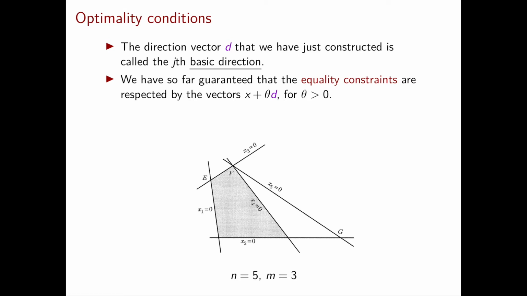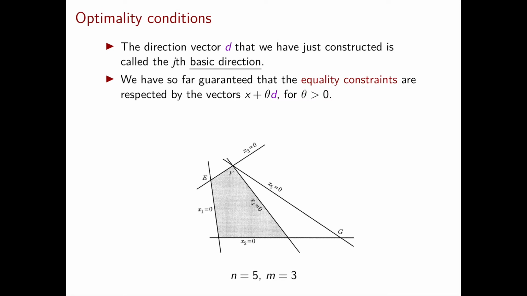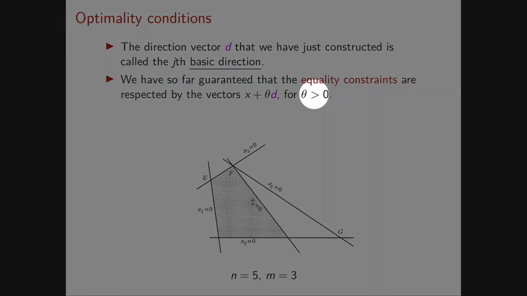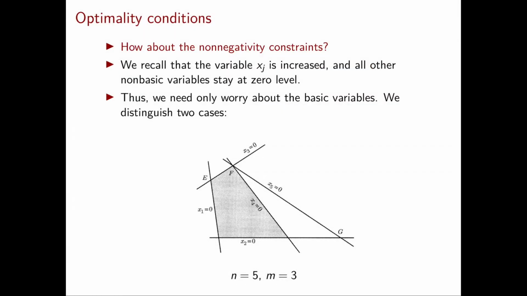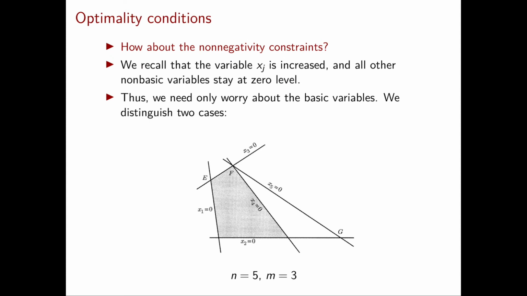The next question is: is our jth basic direction a feasible direction? What we definitely know is that if we go from x into this basic direction, then all the equality constraints are still satisfied. And they're still satisfied for any positive theta. However, in order for D to be a feasible direction, we also have to consider the non-negativity constraints. Once again, we consider separately basic and non-basic components.